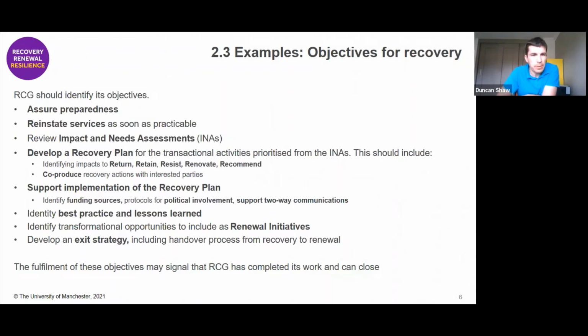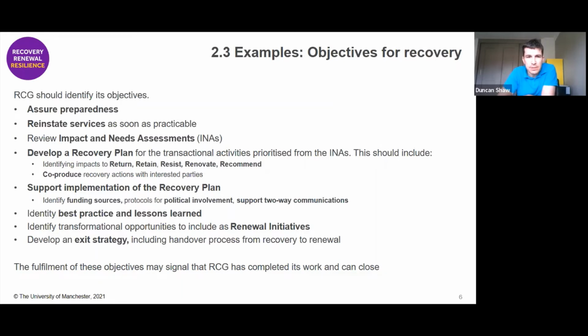And developing the plan, the next objective here on the slide. That plan can help to think about how do we return back to what we've experienced before the crisis? How do we retain some aspects that we want to keep because they are changes that we've made during the crisis that we think are worthy of keeping?